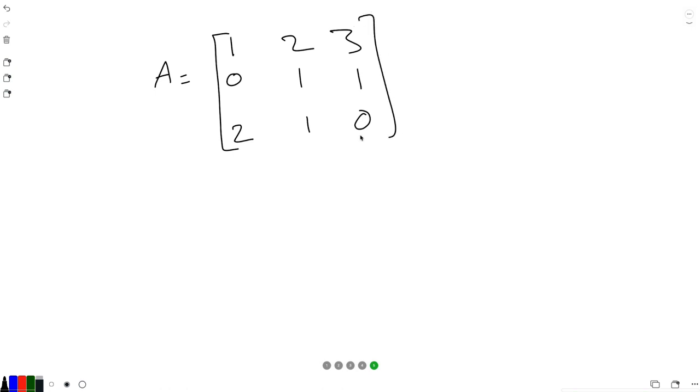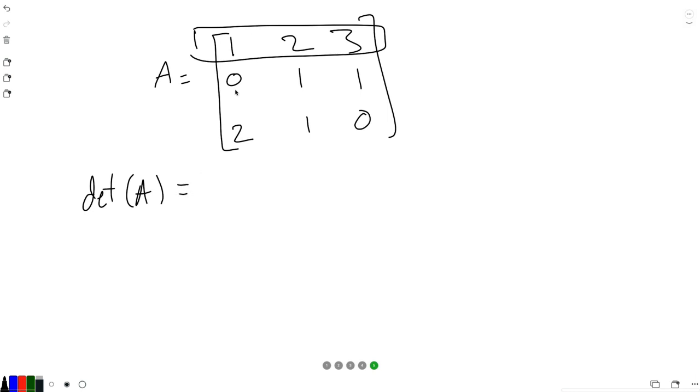Now if you want to find the determinant of A, take this row as the leading row, and you simply change the signs: positive, negative, positive. Remember this: positive, negative, positive.